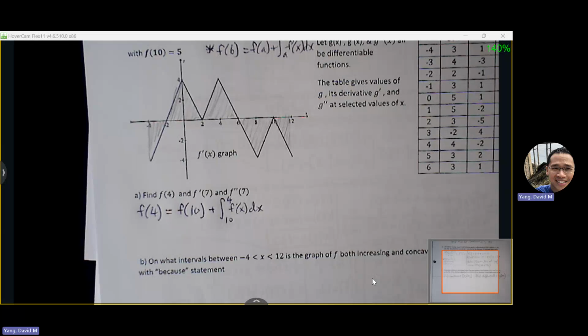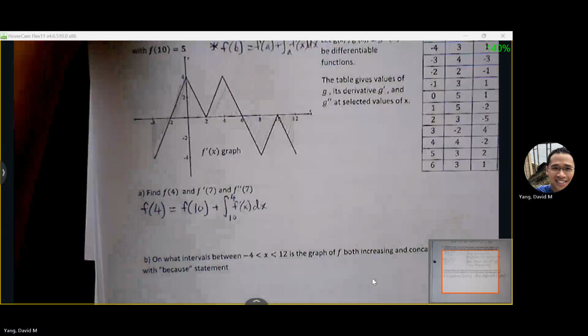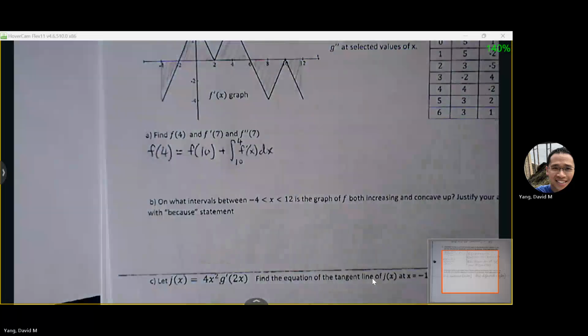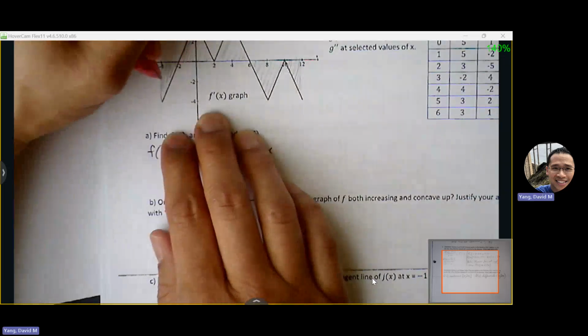Okay, let's find all those regions. One half base times height.